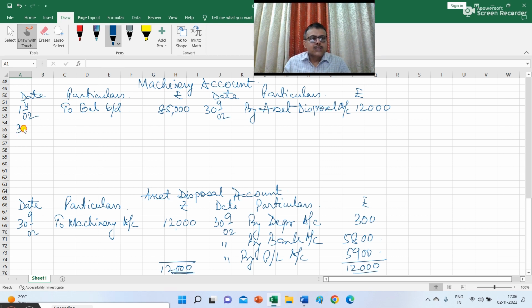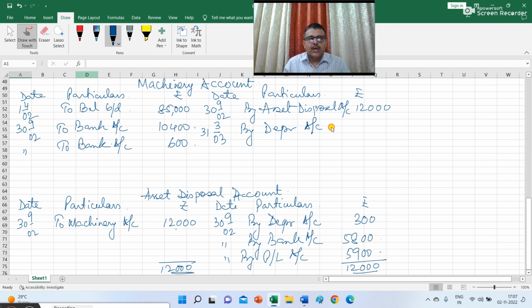Now on 30th September 2002 a machinery was purchased for rupees 10,400 and on the same day installation charge was paid for rupees 600. So I have written here in machinery account to bank 10,400. This is the cost of purchase of the machinery, and the installation charge of 600 to bank. Now on 31st March 2003 depreciation will be charged on M2 and M3.